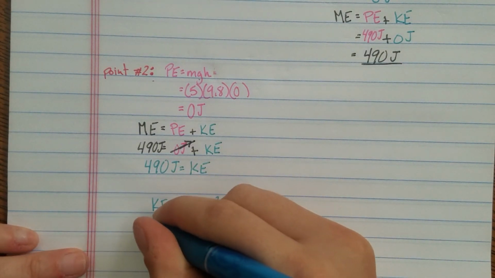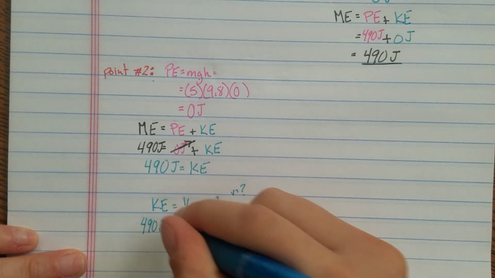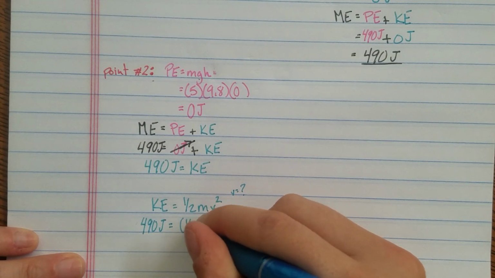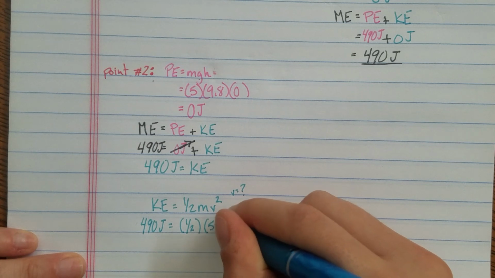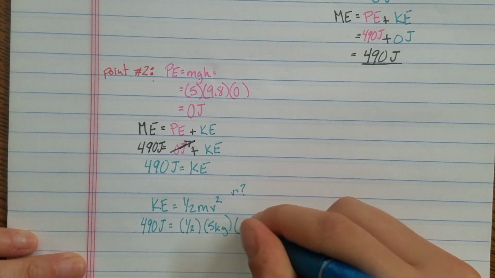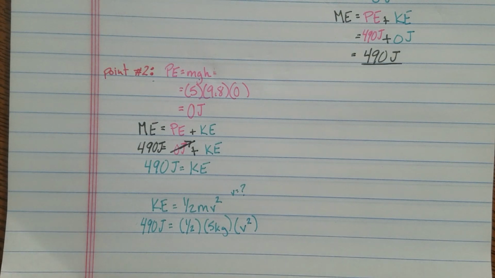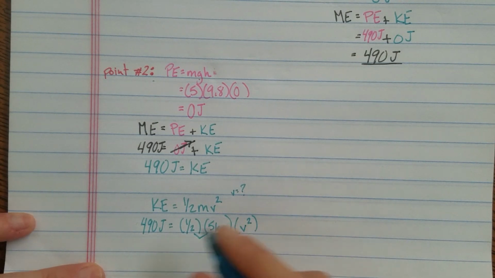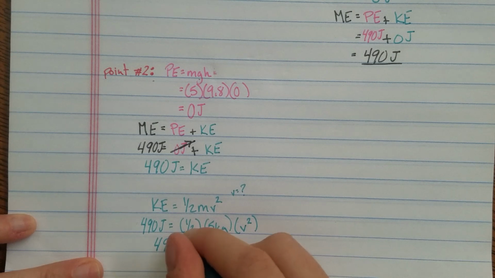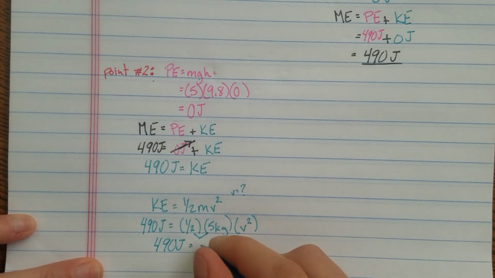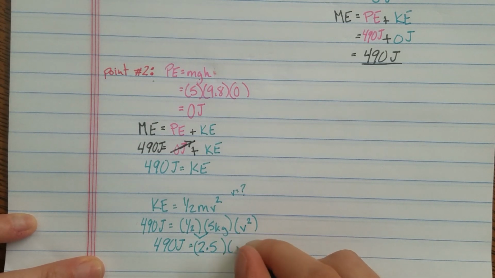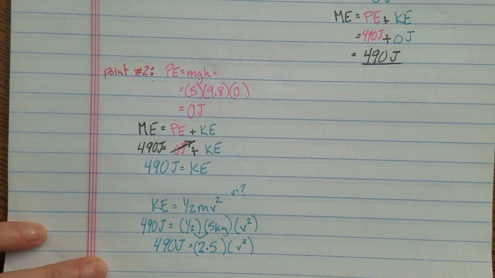So we're going to plug in our kinetic energy, it's 490 joules, equals 1/2 times my mass from above, which is still 5 kilograms, times V squared. V is the one I'm looking for, so we leave it as a variable. I'm going to start by simplifying these two. 490 joules equals 1/2 times 5, which gives me 2.5, and then I've still got my velocity squared there.